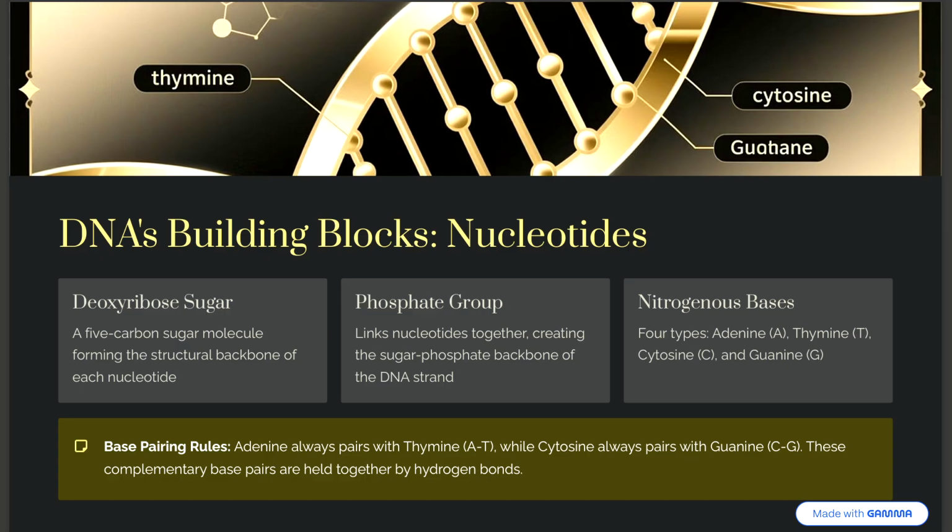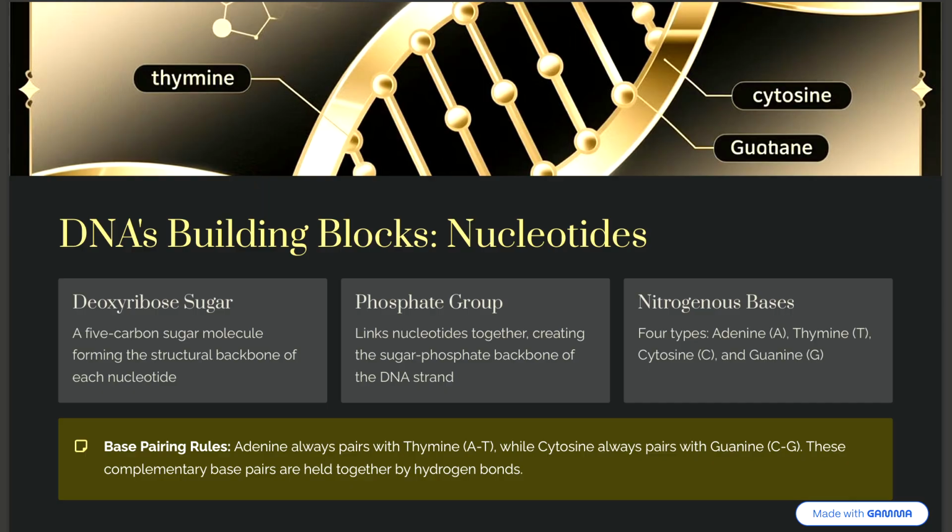So what is deoxyribose sugar? It is a 5-carbon sugar molecule forming the structural backbone of each nucleotide. The phosphate group links nucleotides together, creating the sugar phosphate backbone of the DNA strands.